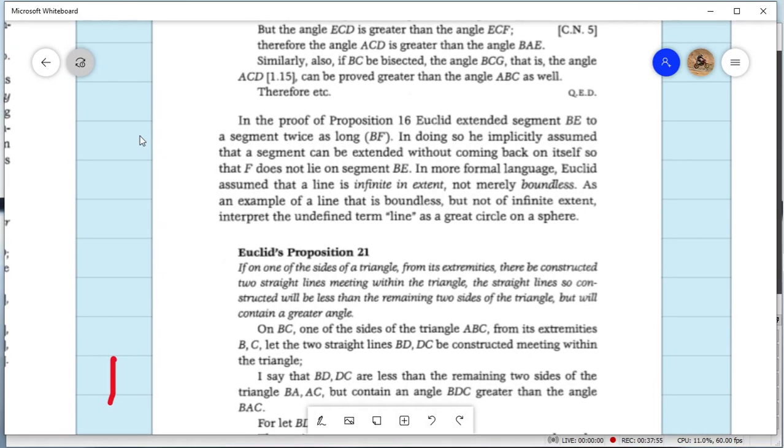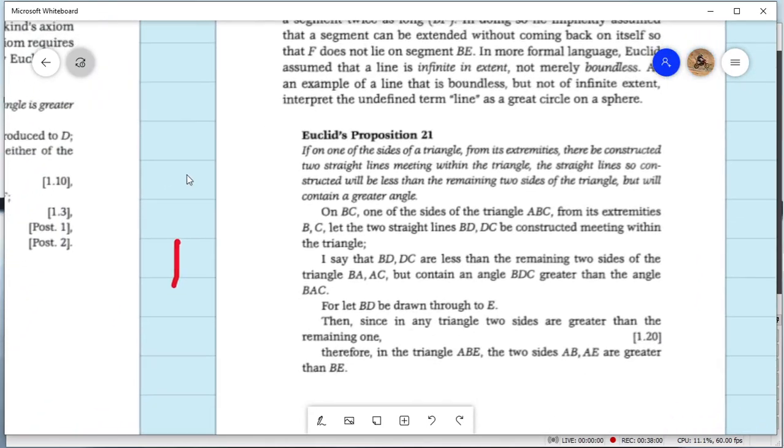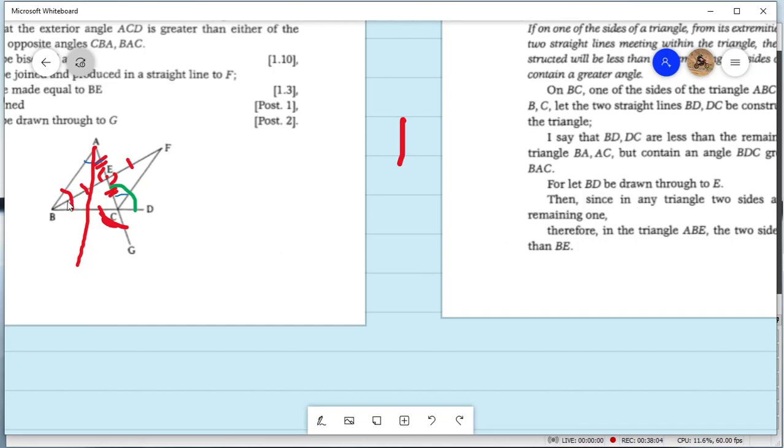But take note that here it was assumed that segment BE can be extended up to F, wherein EF is congruent to BE. Although it was indeed stated in postulate 2 that a segment can be extended, it was not explicitly stated that the line cannot come back to itself.